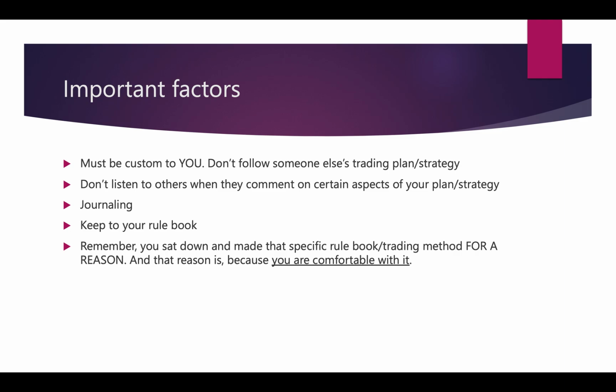Now, third point, journaling. Very important. Journaling is a way to put your trades down on paper. Very good for seeing where you're going wrong in specific areas and seeing how you can improve, okay?